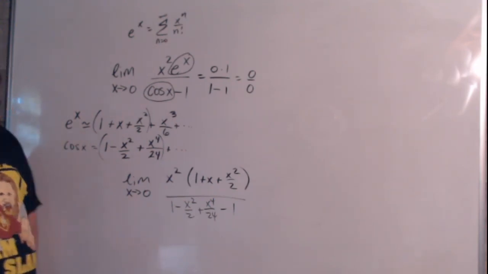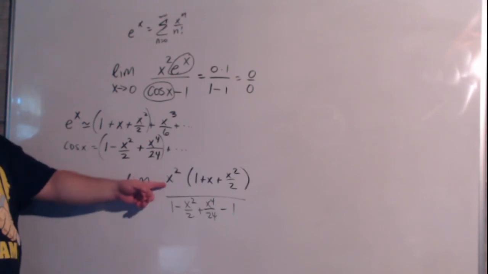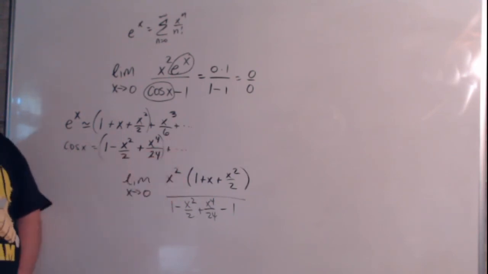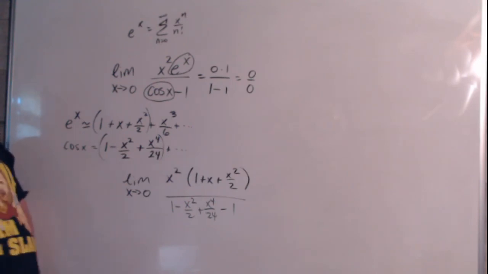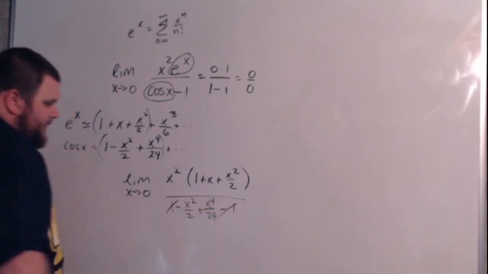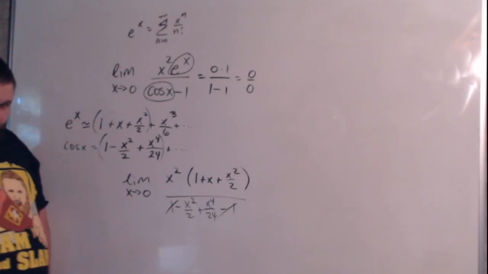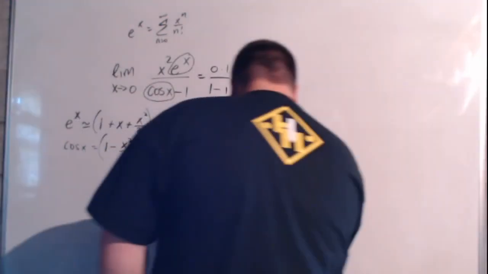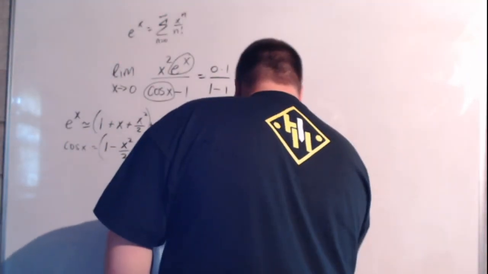So I know that your instinct is to go ahead and trudge through multiplying that x squared in there, but I'm going to leave it outside for a second. Because down here I have 1 minus 1, they cancel. So then I have this.